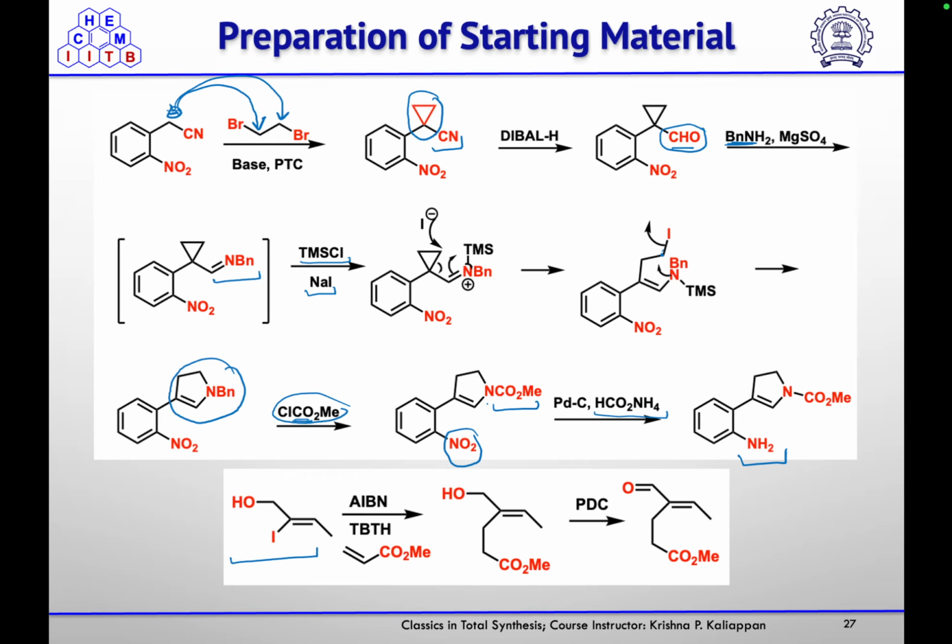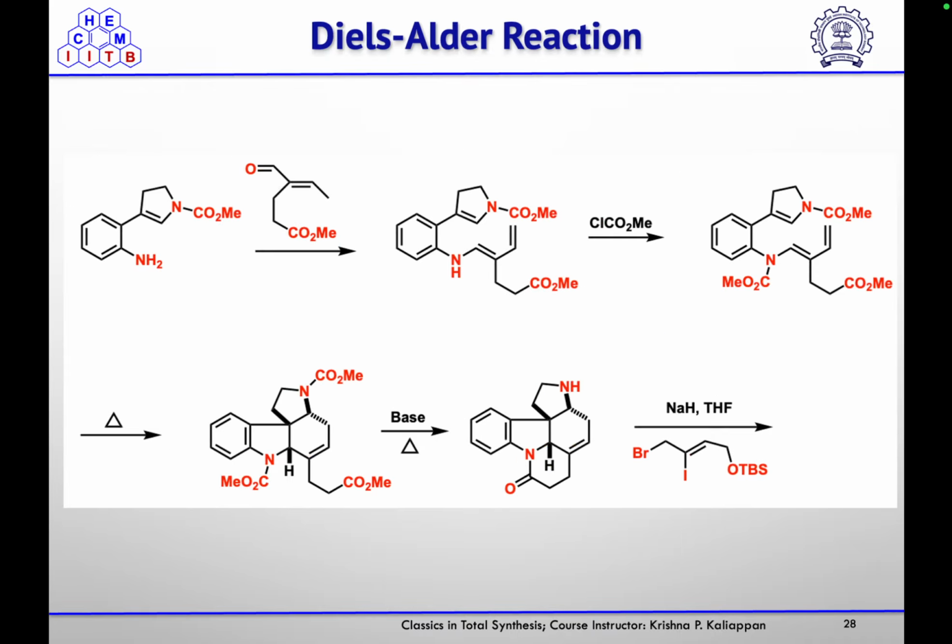Under radical conditions, it will generate this vinyl radical, which undergoes 1,4 addition on this alpha,beta-unsaturated ester, to get the corresponding addition product. Then that allylic alcohol they oxidized using PDC to get the corresponding aldehyde.